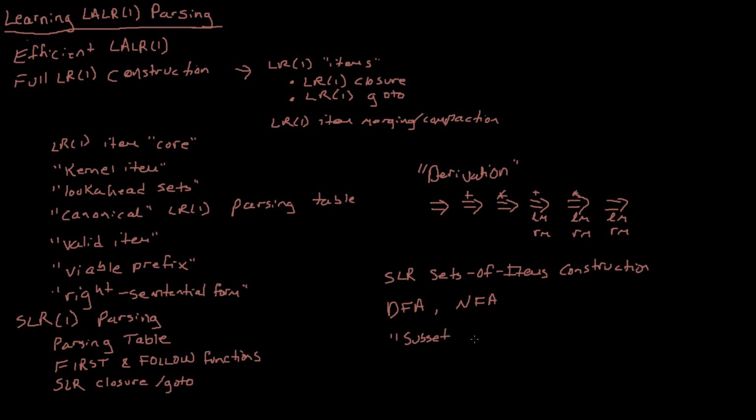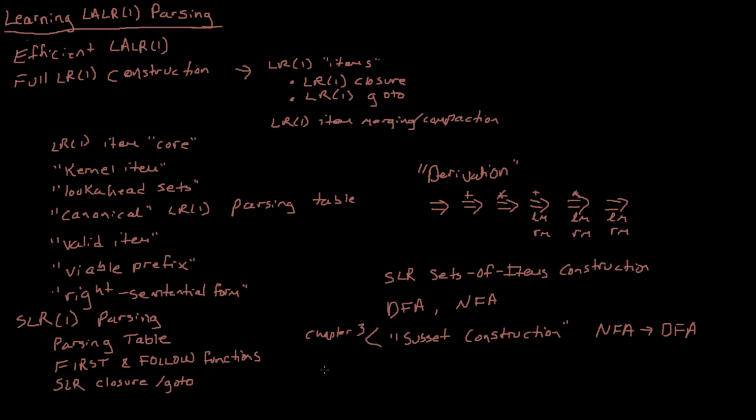So they introduce this concept of a subset construction, which is basically a technique for converting an NFA into a DFA, which they actually talk about in chapter 3, which isn't about parsing at all. It's about the lexical analysis that precedes the parsing, but that's where they introduce NFAs and DFAs and this subset construction.